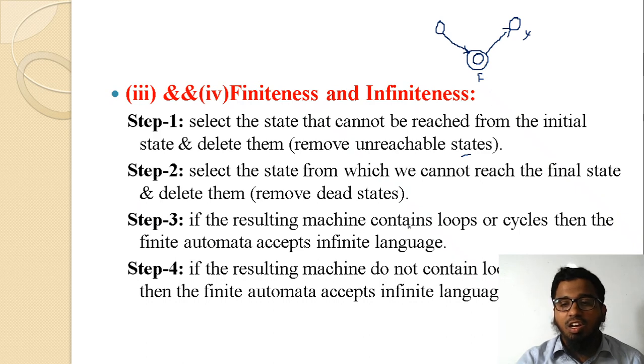If the resulting machine contains loops or cycles, then the finite automata accepts an infinite language. Like if we have a loop like this, it is a cycle or loop, and it will go into an infinite loop.